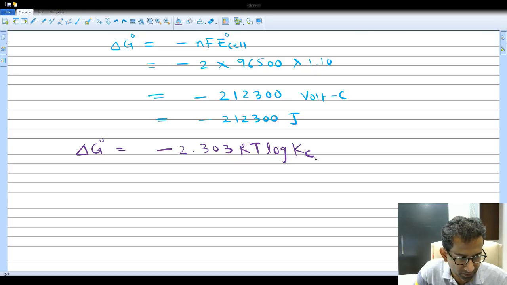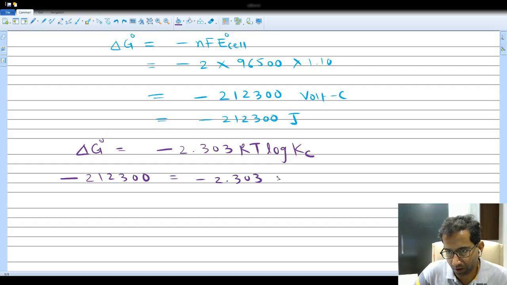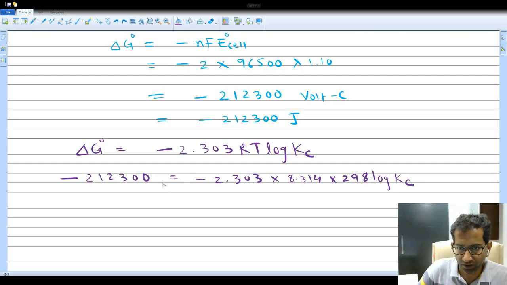So ultimately the equilibrium constant will be Kc. Minus 212,300 equals minus 2.303 into 8.314, temperature 298 log Kc. This is in joule, so this remains 8.314 only.